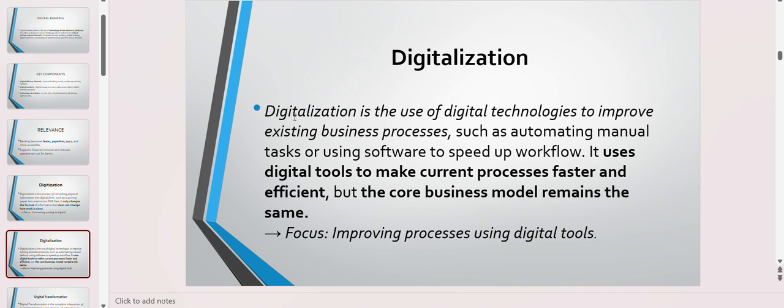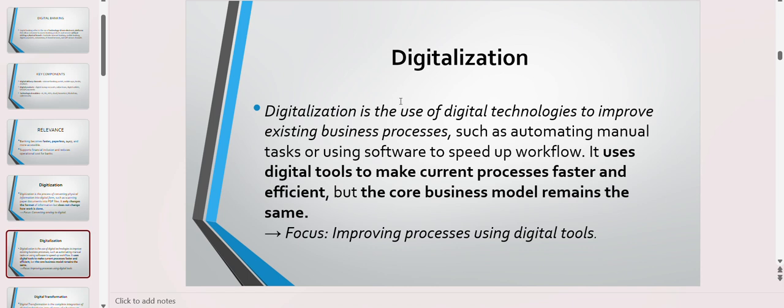Digitalization is the use of digital technology to improve existing business processes, such as automating manual tasks, using software to speed up workflow. Whenever you are placing some order or raising an issue in any of the online shopping apps like Flipkart, Amazon, nowadays they don't directly connect you to the concerned person, but they have an automated system that responds to your queries, like what type of problem you are having.